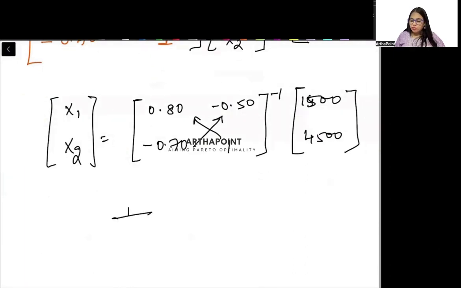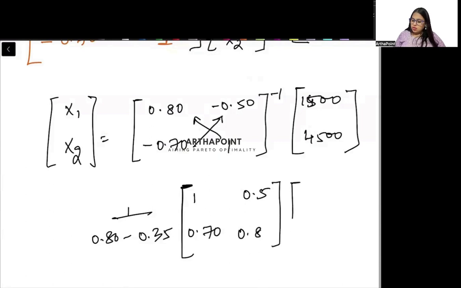So you will have 1 upon 0.80 minus 0.35, right? And these two will change their position, and these two will change their sign, into 1500 and 4500.